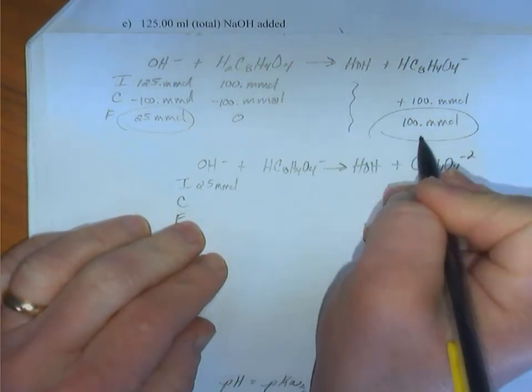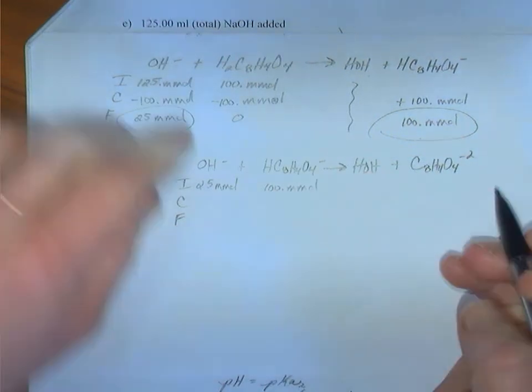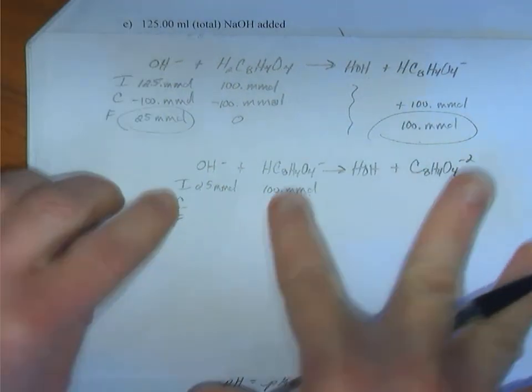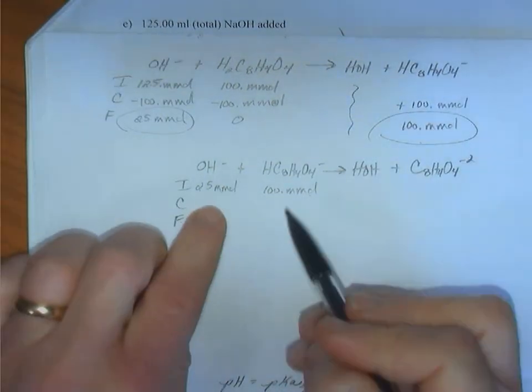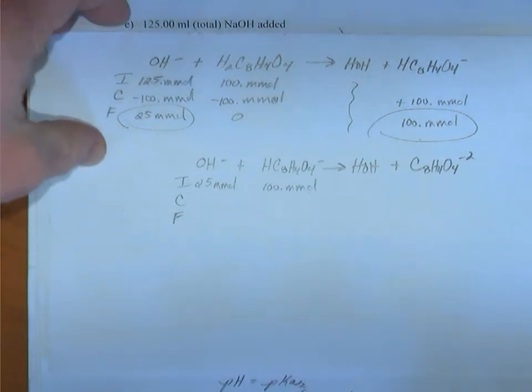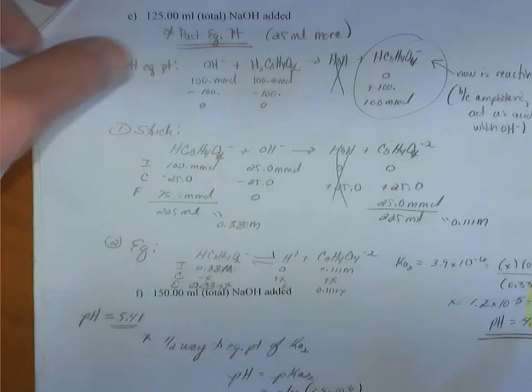But of course, it should be the same millimoles that you began with of your diprotic acid. So, you don't necessarily need to do this if you can just think through and come up with these correct values.